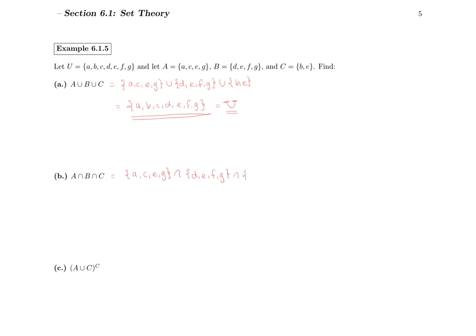C has B and E. So the only element that is common to all three subsets is the element E.